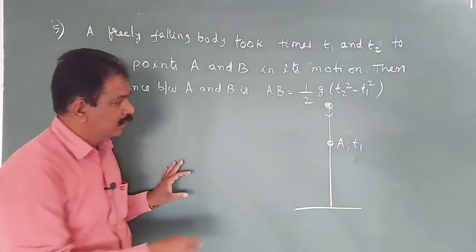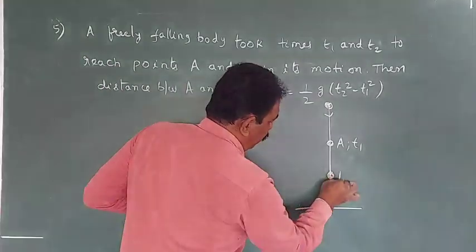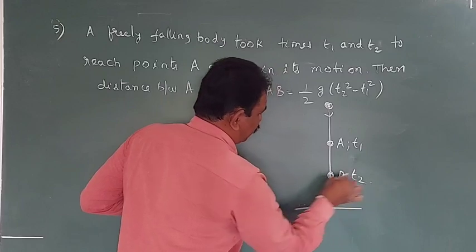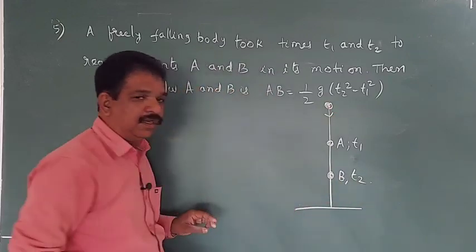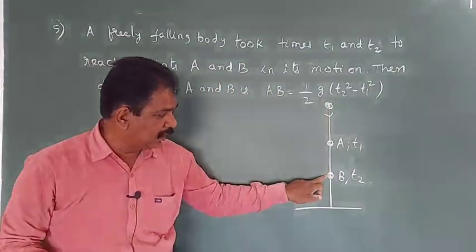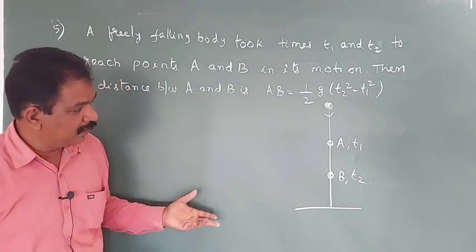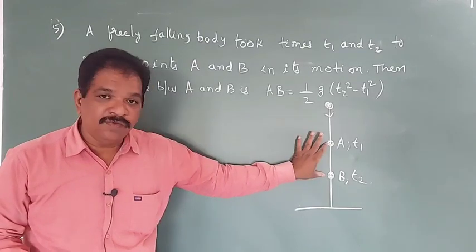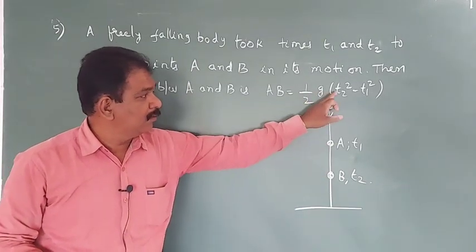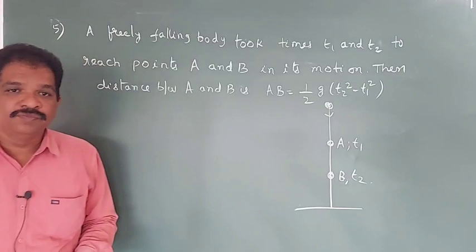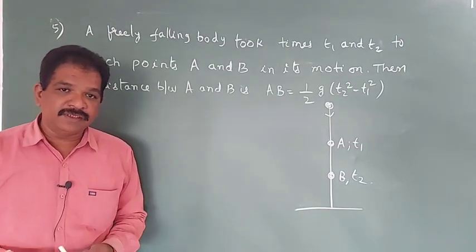T1. It reaches the point B after time T2, meaning to come from here to here, the time will be T2. Then AB will be equal to 1 by 2 G into (T2 square minus T1 square).